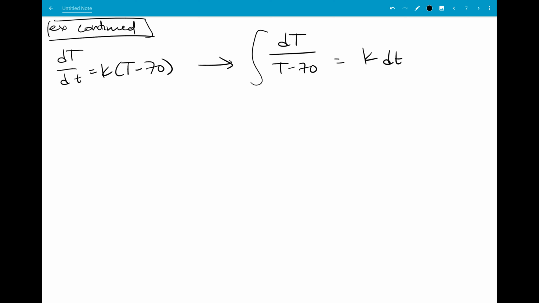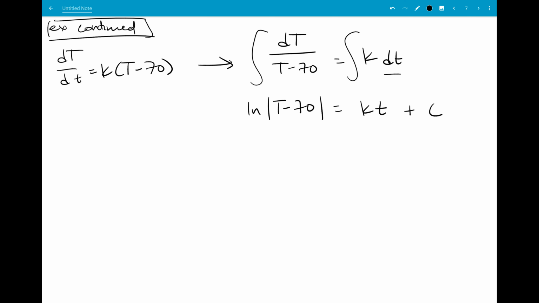And I'm going to go ahead and integrate it. So the integral of dT over T minus 70 is the natural log of T minus 70. And the integral of k with respect to t is going to be k times t. Now we have to remember to hold on to our constants of integration, but the constants on either side will combine, so I'm just going to have one constant right there.